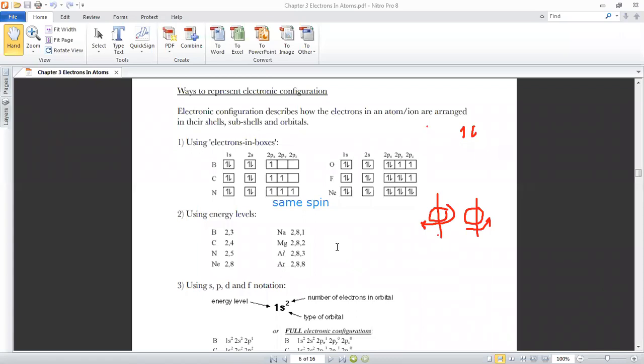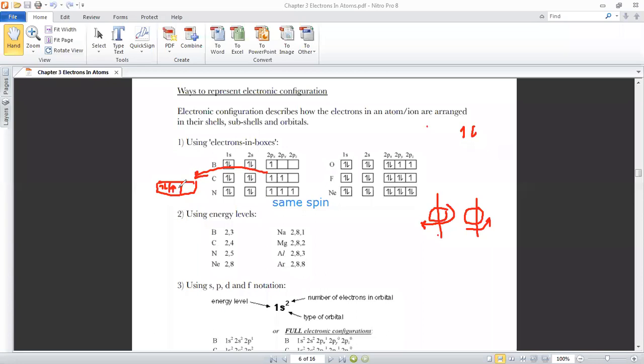Rather than that, suppose for carbon, what I do is that for this subshell, I draw it such that there are three parts of it, and you draw two electrons here and then just one electron here.